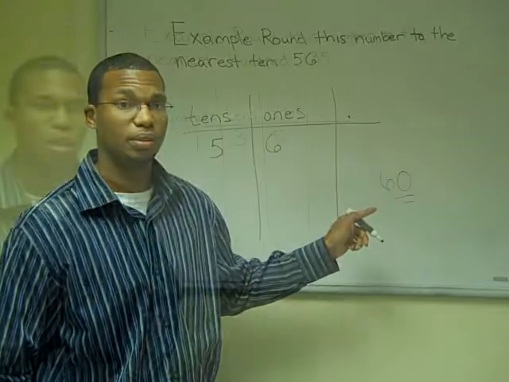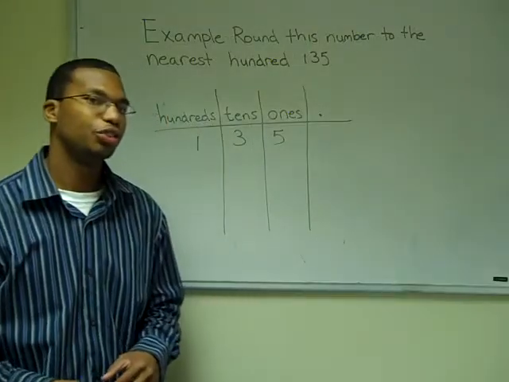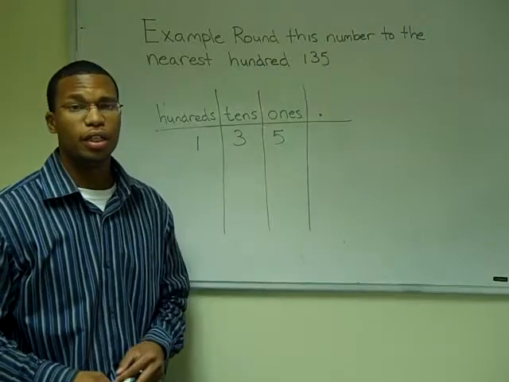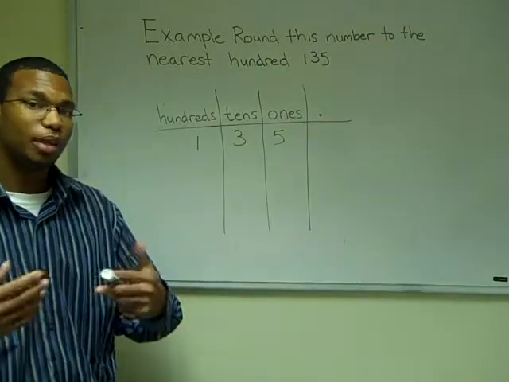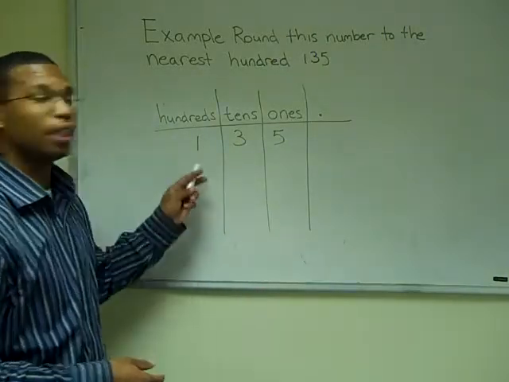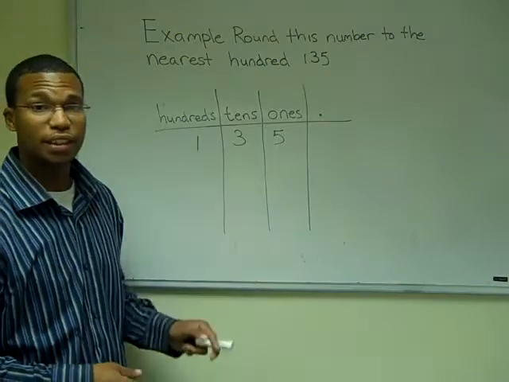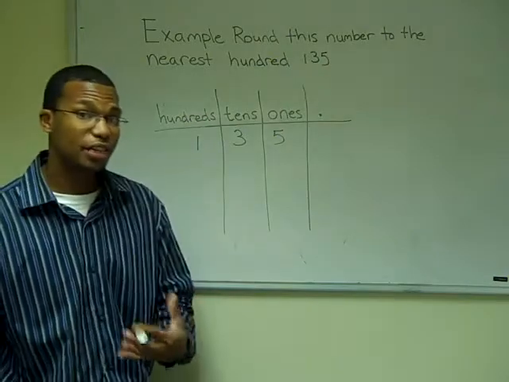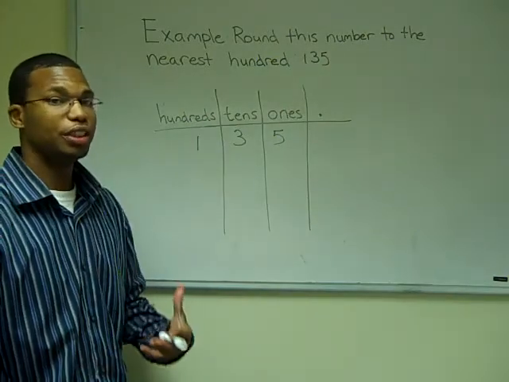is 60. Now we're going to round to the nearest 100. Now notice if we take the number 135 and we place each of the digits on a place value chart, we get a 1 in the hundreds, a 3 in the tens, and a 5 in the ones. Well, the digit immediately right to the hundreds is the tens.